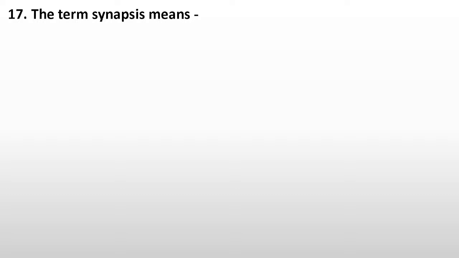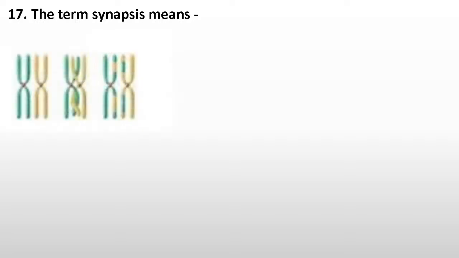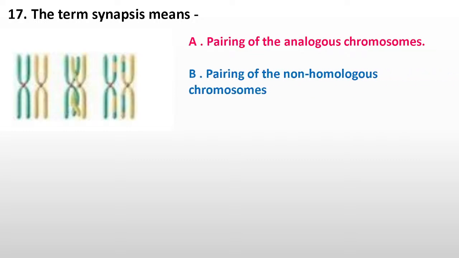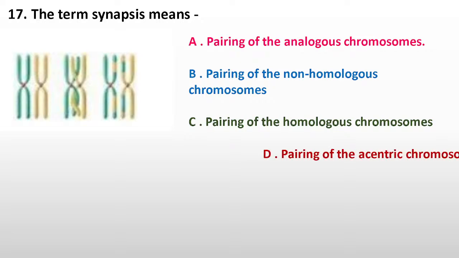The term synapses means dash. This is again an image given for your reference, and the options are A. Pairing of the analogous chromosomes. B. Pairing of the non-homologous chromosomes. C. Pairing of the homologous chromosomes. D. Pairing of the acentric chromosomes.